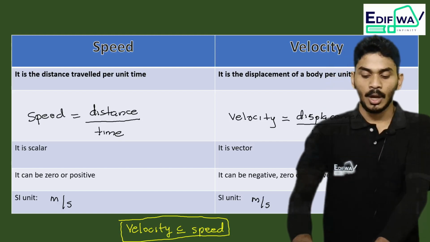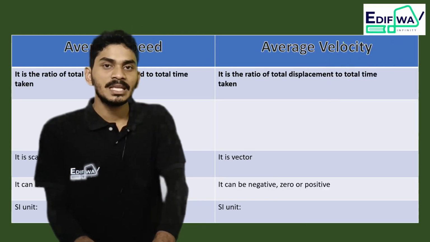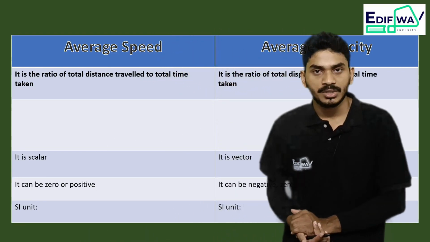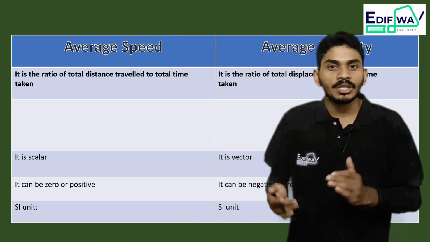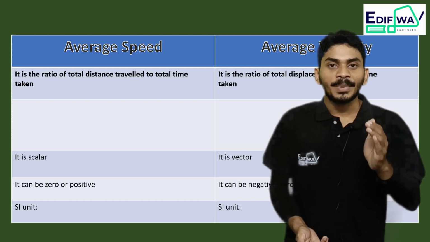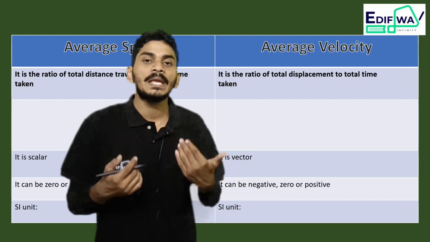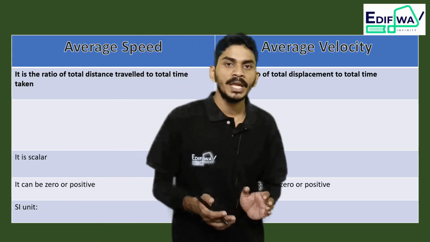Clear? Now, let's see what is meant by average speed and average velocity. You know that practically a body cannot travel with the same speed. Why?